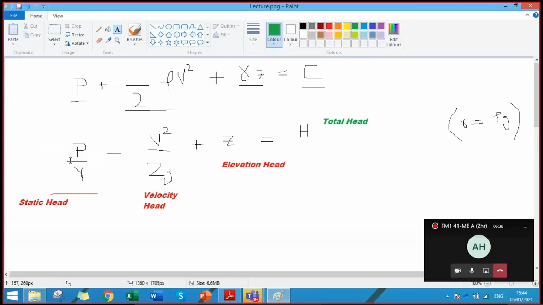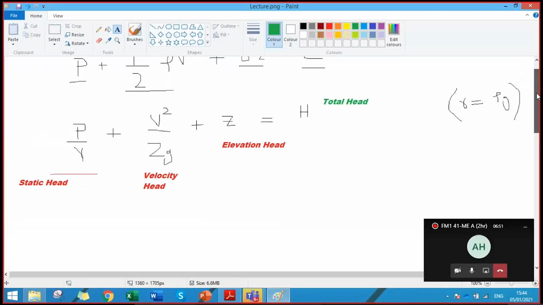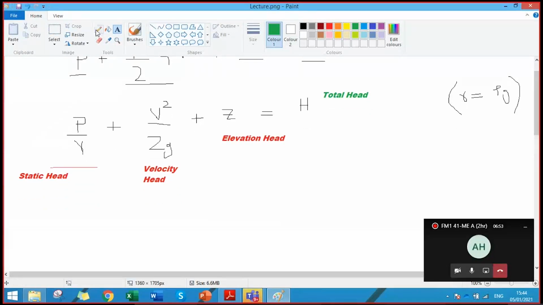Yes, sir. So if we are familiar with the head form of the Bernoulli equation, then we can draw two lines, that is the energy line and the hydraulic grade line. Energy line is basically the total head.